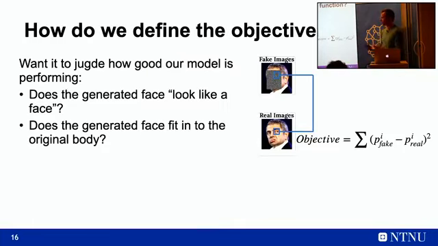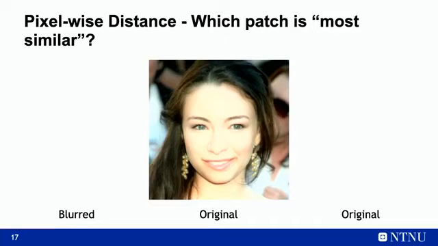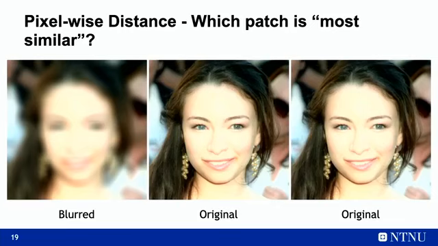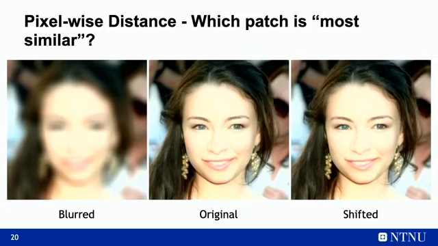But this is really not a good objective function, and I'm going to show you why. I have my one image right here, and I'm going to translate it in 2 ways. I'm going to make a blurred version of this image, and then I'm going to take the original image again and just shift it. You can barely notice the difference, but there's a 2-pixel shift.